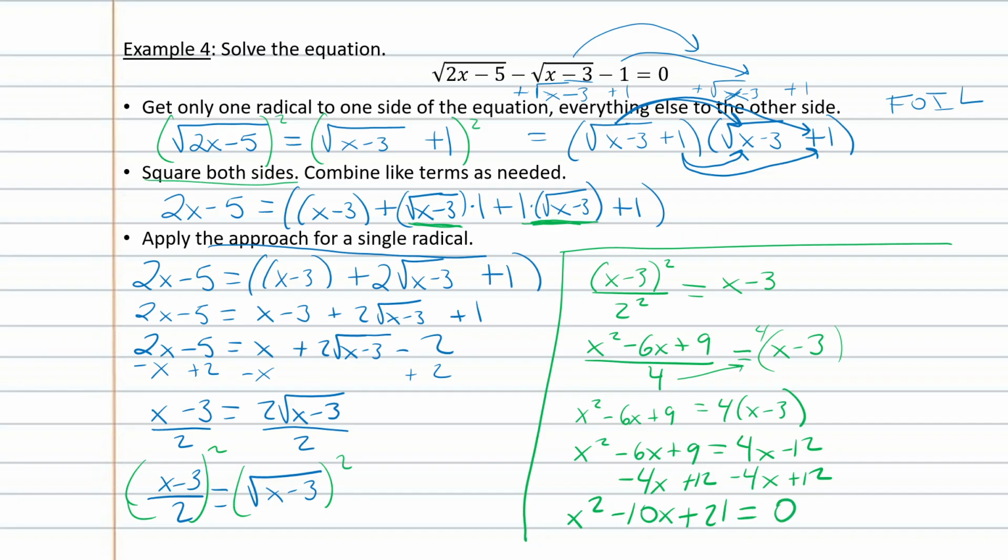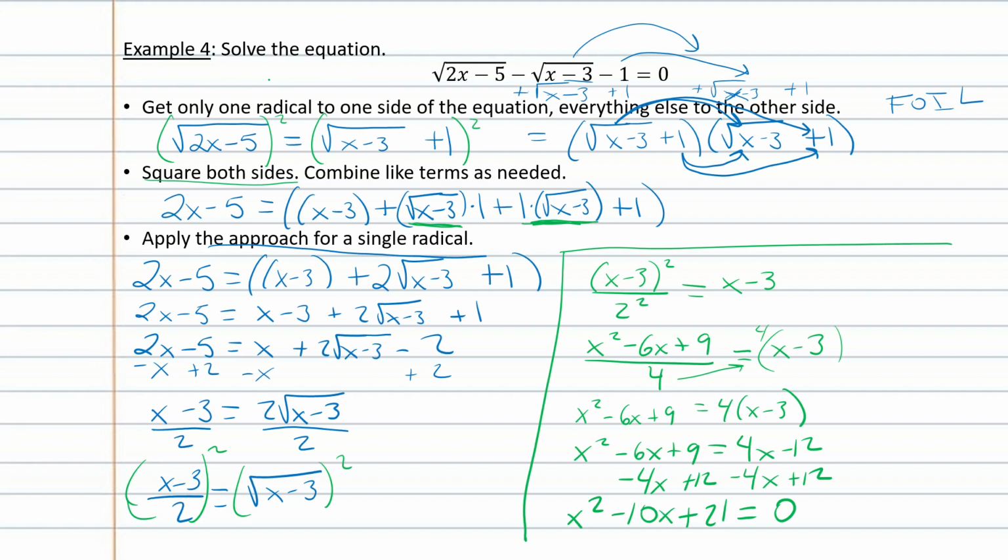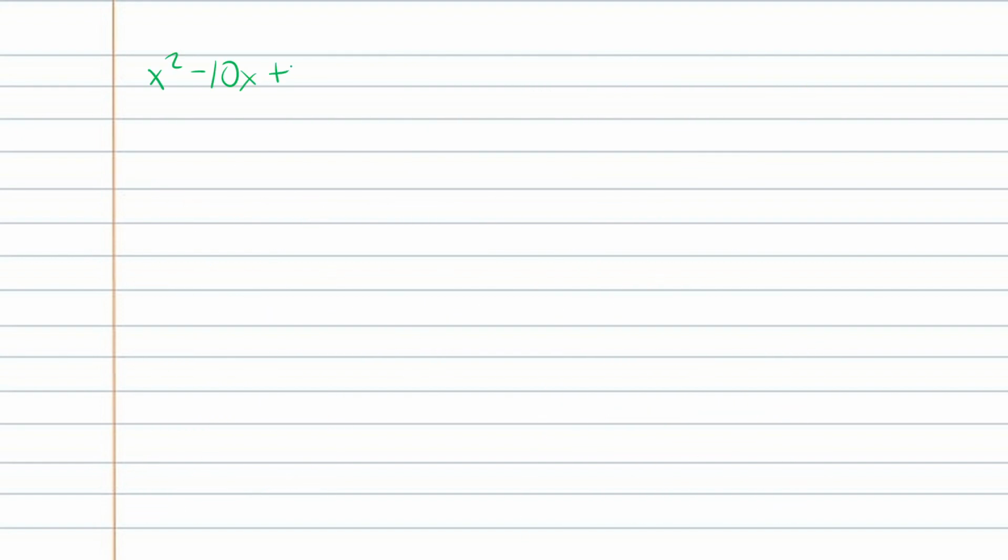Alright, so here's where I'm at. Now I'm going to have to use an additional slide for this. So I left off at x squared minus 10x plus 21 equals 0.